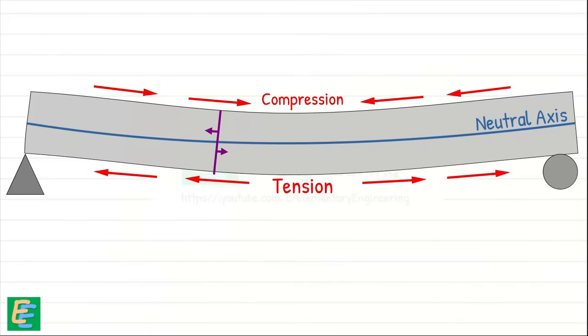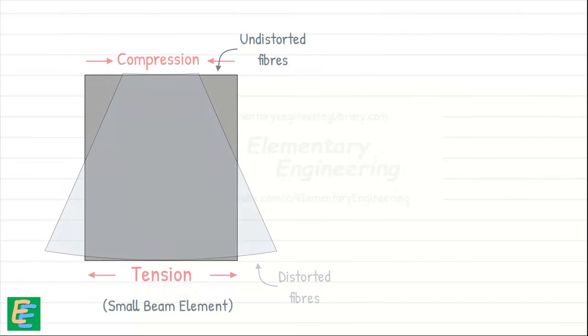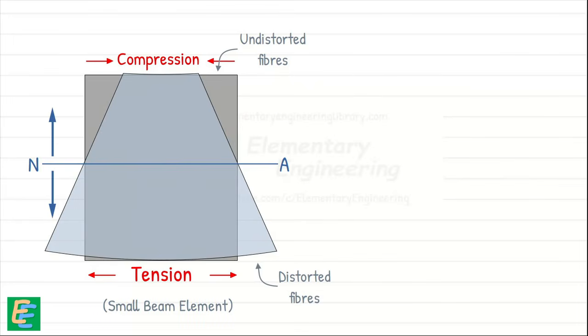As we move away from the neutral axis, the stress increases. And at the extreme fibers, that is at the topmost and the bottommost layers, the stress becomes maximum. Notice that this increase in stress is linear. This happens because as the beam bends, the change in length of fibers increases gradually as we move away from the neutral axis.